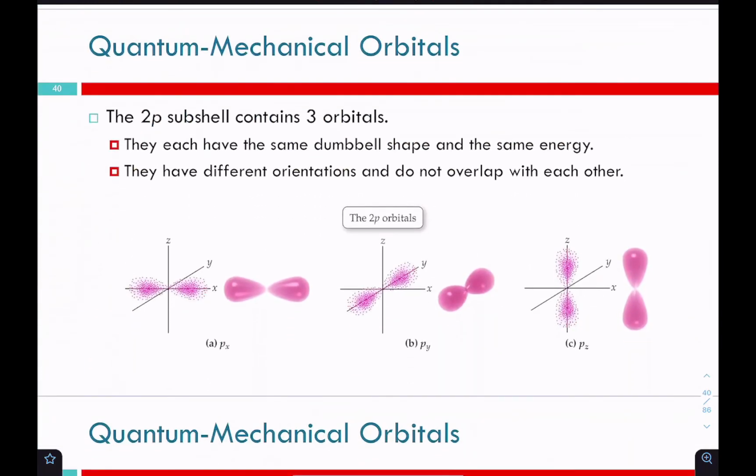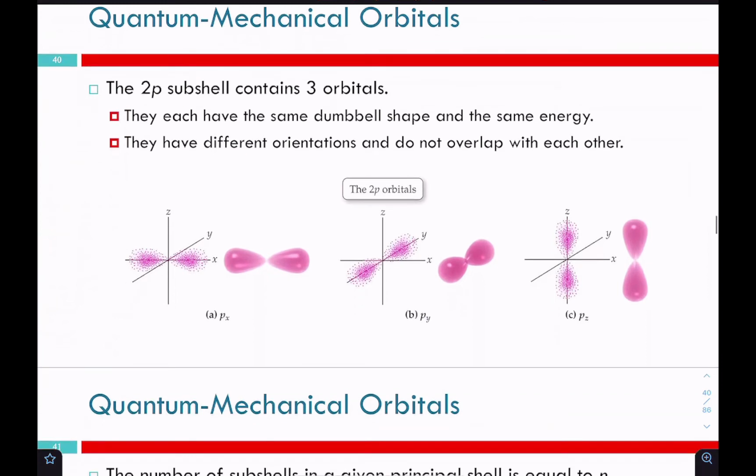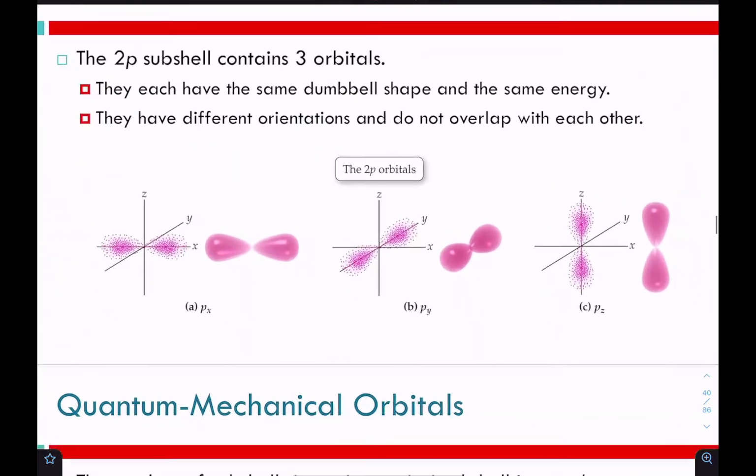The 2p subshell, so once you've got 1s, we go 2s, then we go 2p, is shaped differently, and it's called a dumbbell shape, because it kind of looks like a dumbbell. And each of these three orbitals has the same amount of energy. So it takes the same amount of energy to be in each of these. And they each have different orientations and do not overlap.